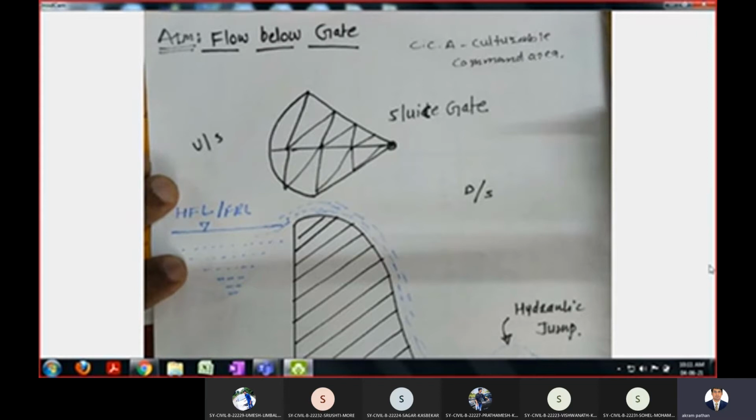So through the channel we have to supply the water to the entire field. For example, some farmers have 10 acres, some have 5 acres, and another farmer has a 2 acre field. So we add all these acres or hectares of area, and once we have that data, we know how much area is to be irrigated through the channel.